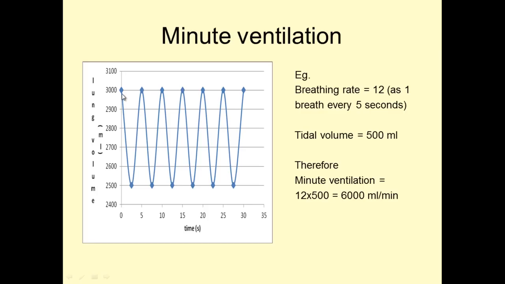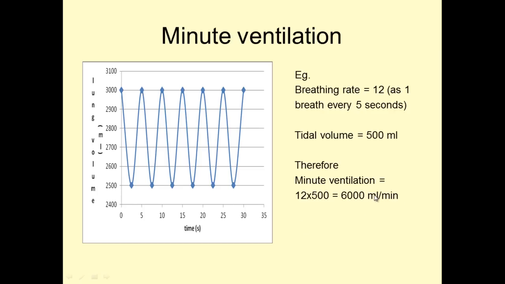The lung volume going down is breathing out, and the lung volume going up is breathing in, so that entire breath takes 5 seconds. Therefore there'd be 12 breaths per minute, so it would be 12 multiplied by 500, and you'd end up with 6,000 millilitres per minute.